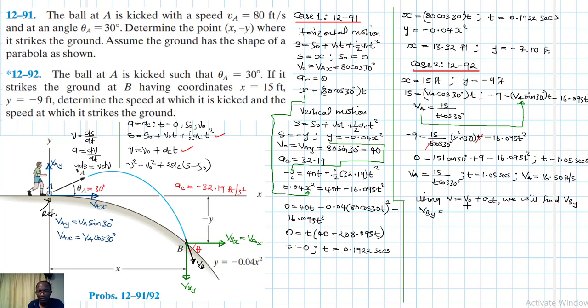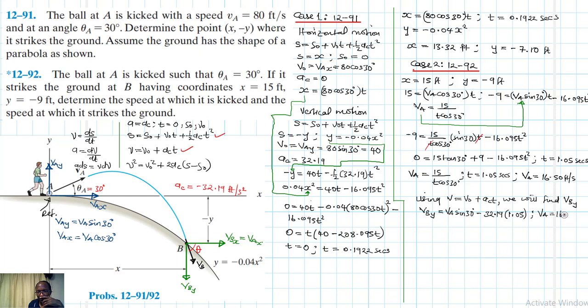VBY is equal to v naught, which is VA sine 30, minus 32.19 times t, which is 1.05. Mind you, we already found what VA is.